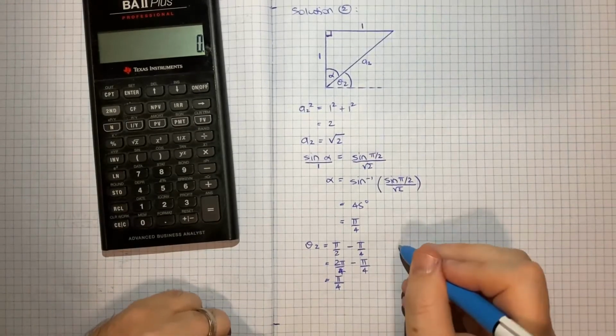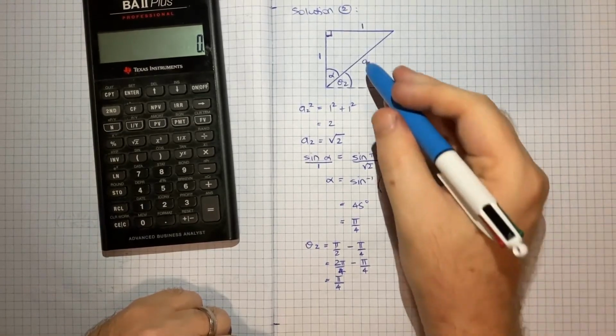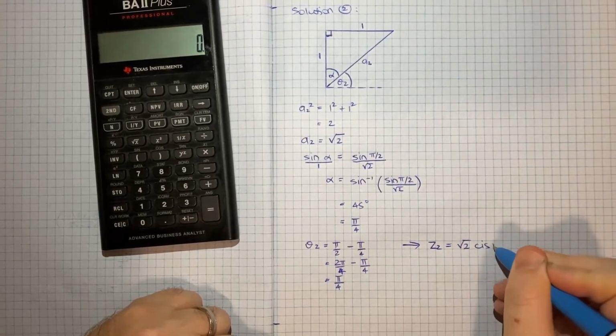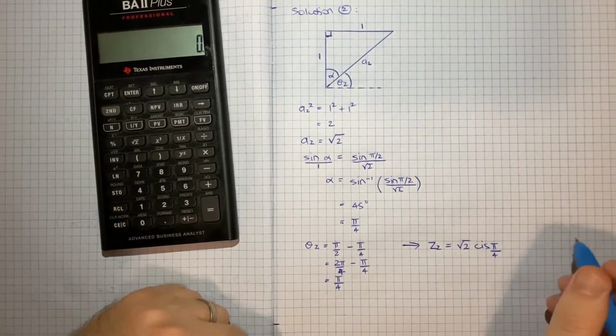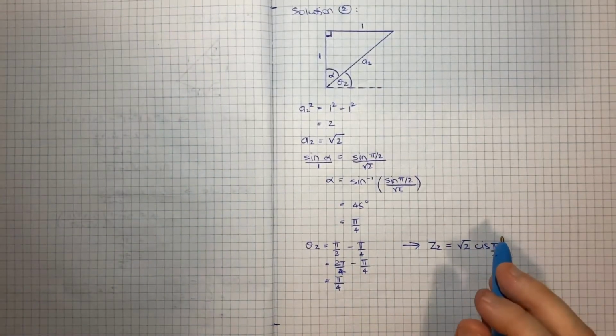So now we can say that Z2, writing that in the format we need, is the square root of 2 cis pi on 4. Alright, so that's solution 2. 2 down, 4 to go.